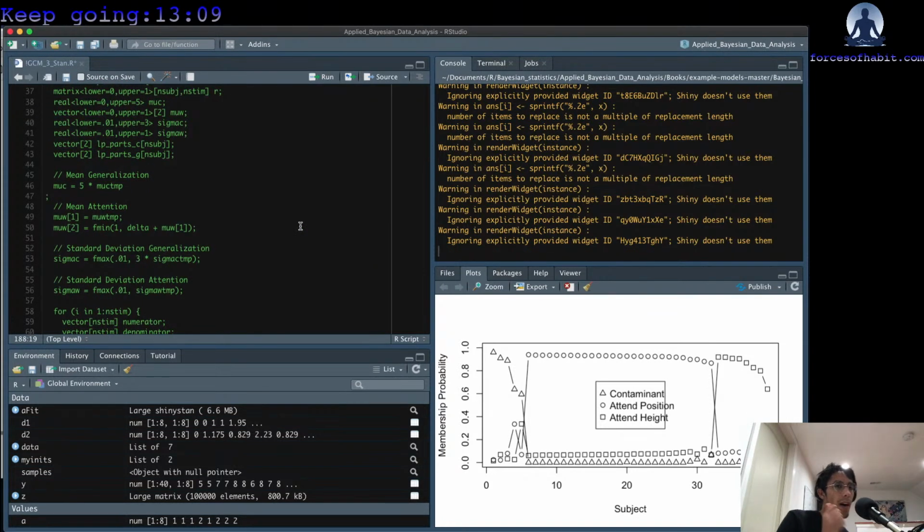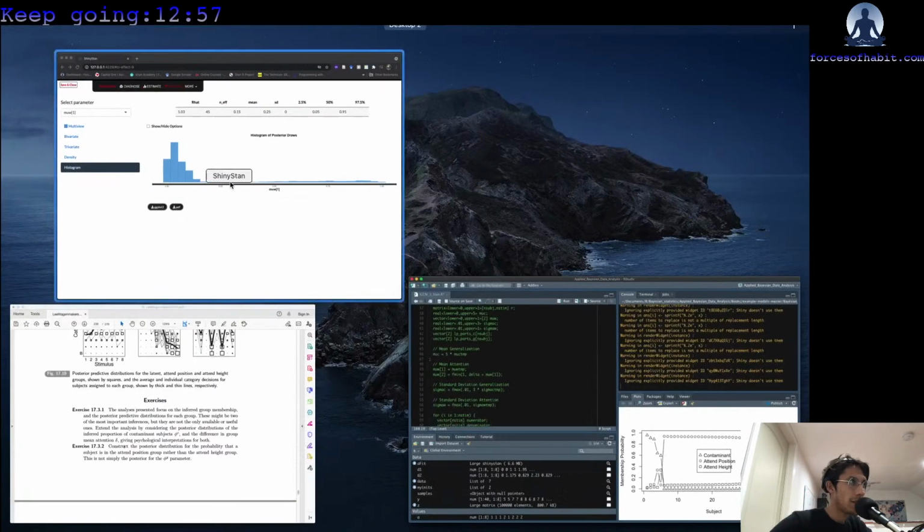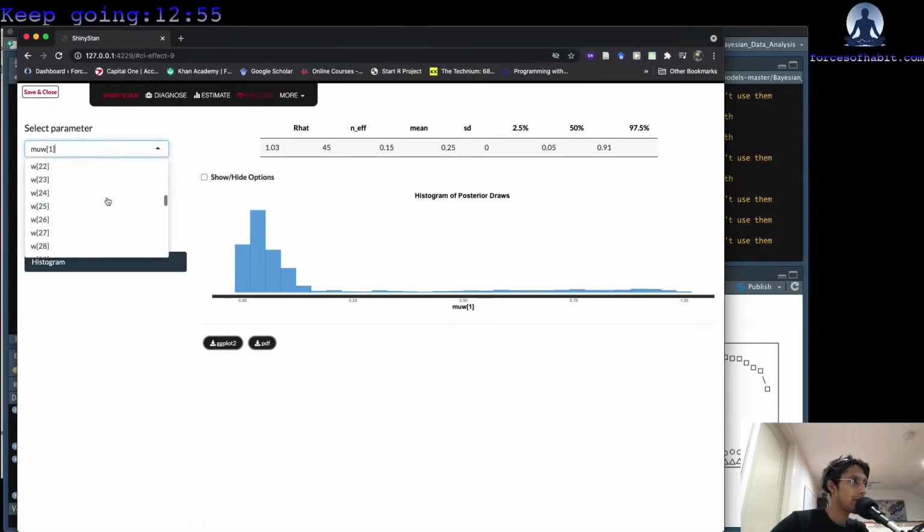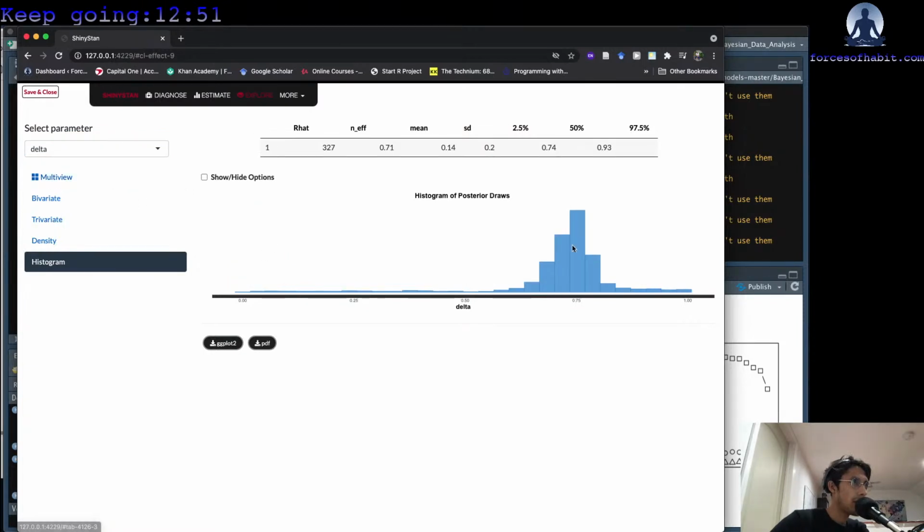Delta at 0.5 would indicate that, in terms of the ratio or odds between attentional weight towards one parameter or another, it would be equal. But because in the histogram here we see the value is higher, that delta then indicates that there is, across a sample, a preference towards one attentional weight over the other.